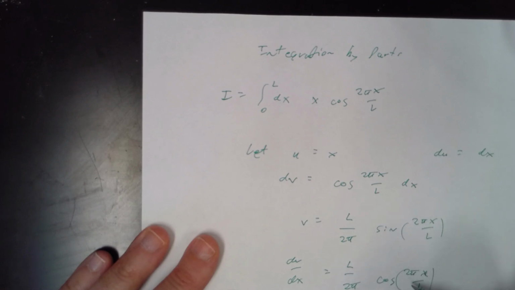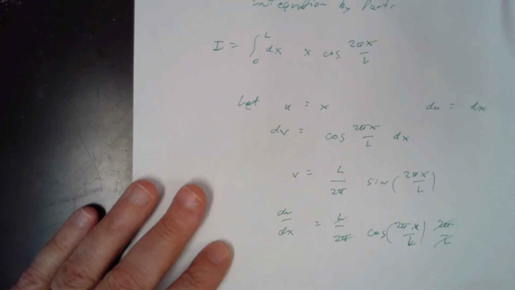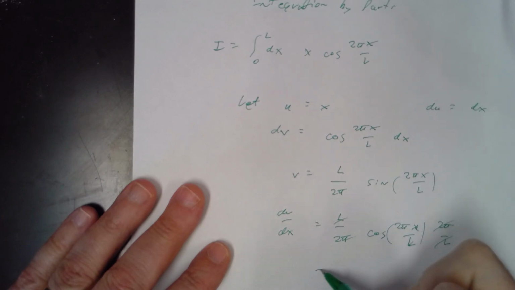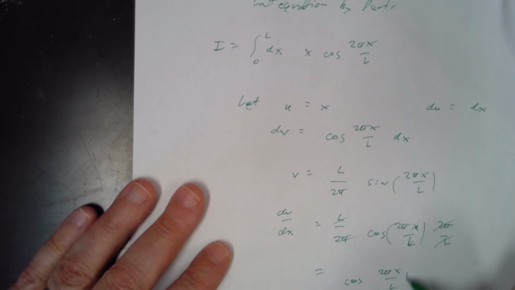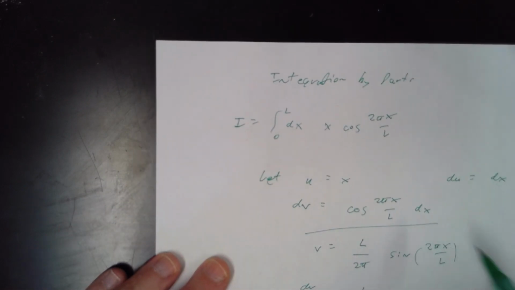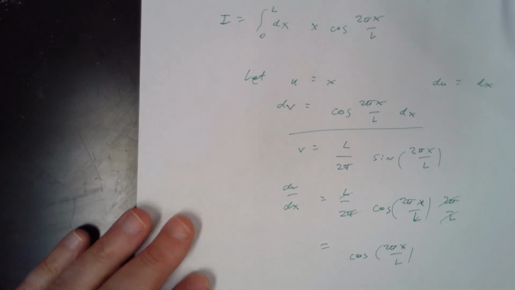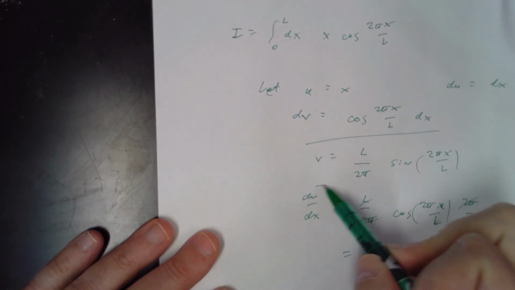And then chain rule, I have to bring down the derivative of the argument with respect to x, which is 2 pi over L. And it looks good, because dv dx is just cosine of 2 pi x over L, which is what I was hoping for. Alright, so this is my v.